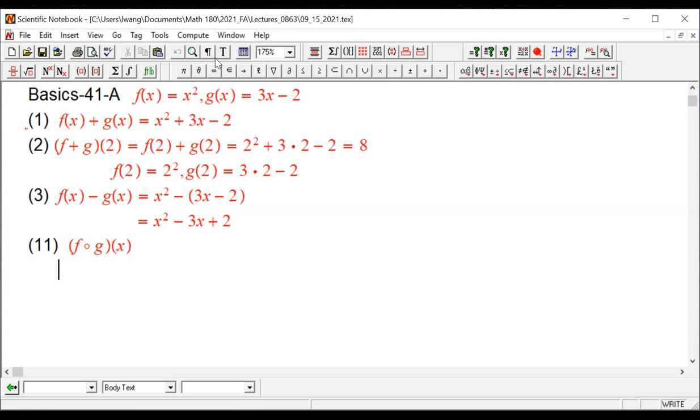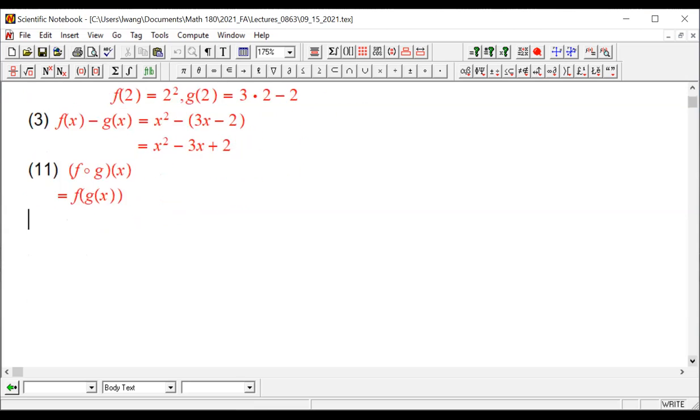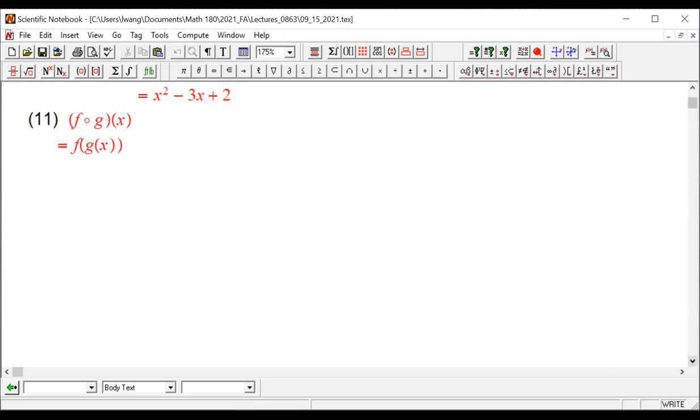So what you do, go by definition, we know that this is 2 machines: f of g of x. Let me explain at the same time, so we're going to have a parallel explanation.